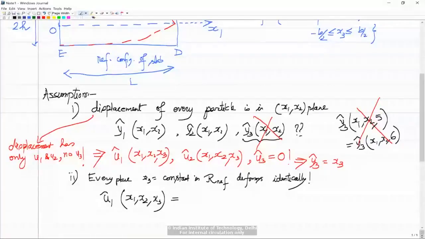So Bipul also says u1 and u2 are independent of x3. So this implies u1 hat is just a function of x1, x2. Likewise, u2 hat is also just a function of x1, x2. Okay, I hope this makes sense to everyone.